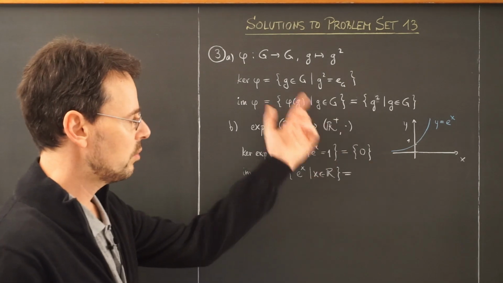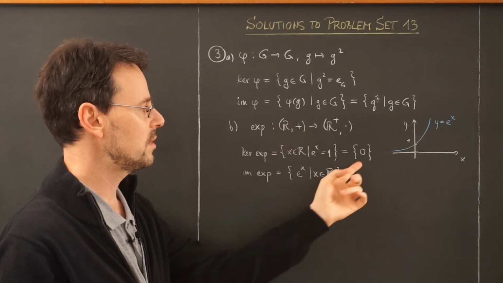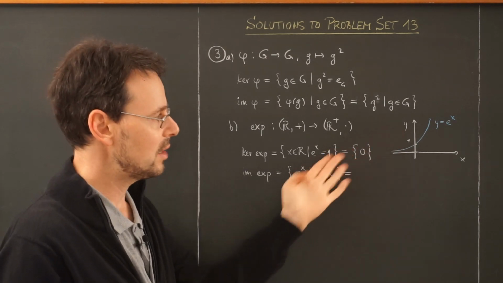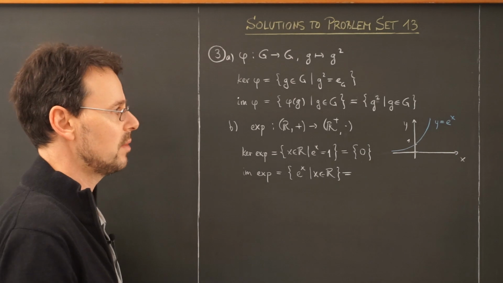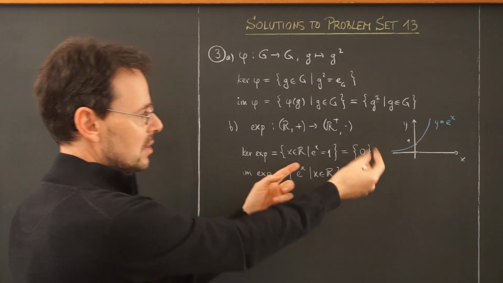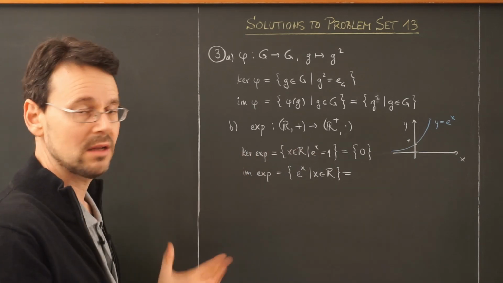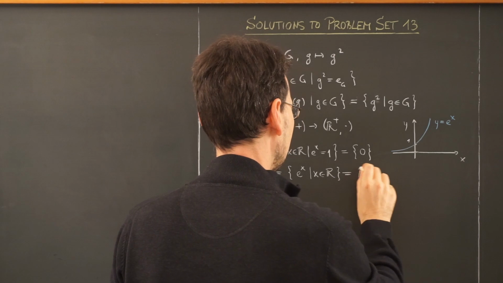And now we know from proposition 16 that this means that exp as a group homomorphism is injective, as should be obvious from looking at the graph. We already know that about the exponential function, but here in a new light we can say because the kernel is trivial, we have an injective group homomorphism. Now, what is the image?